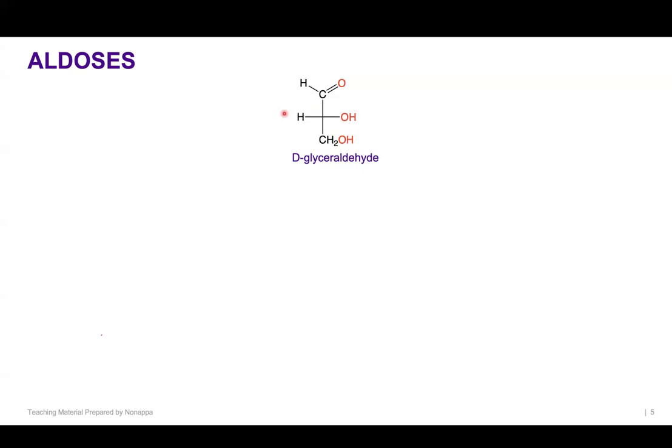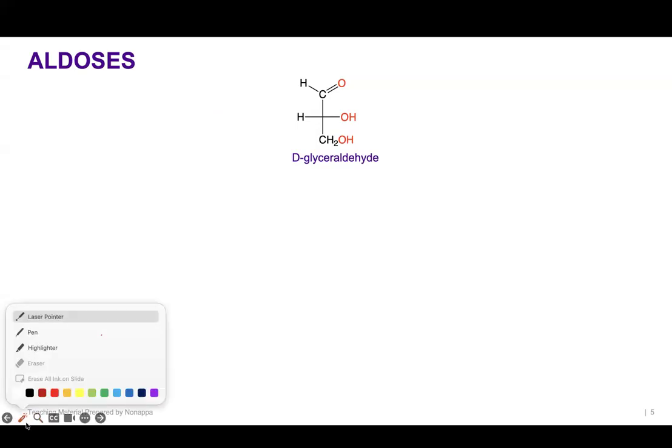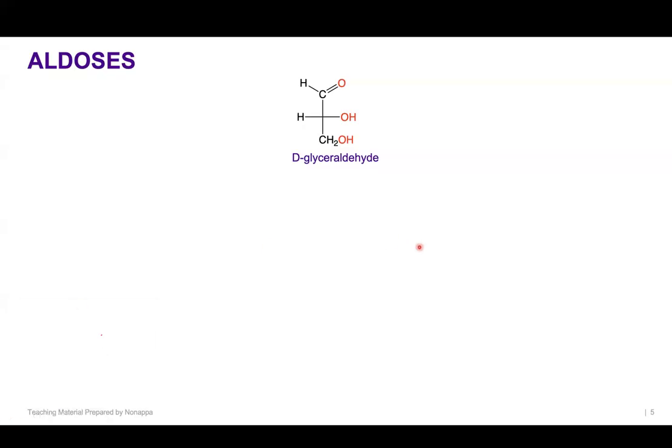He also noted that in nature there are only D sugars, but there are no L sugars. So all sugars present in nature are D. Now we can also think about the number of possible isomers.